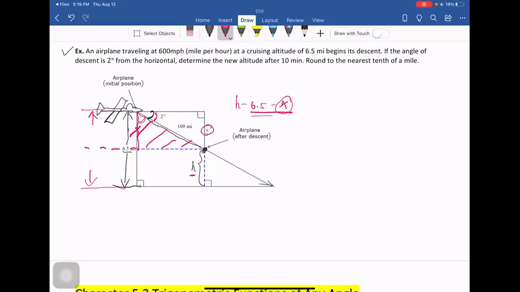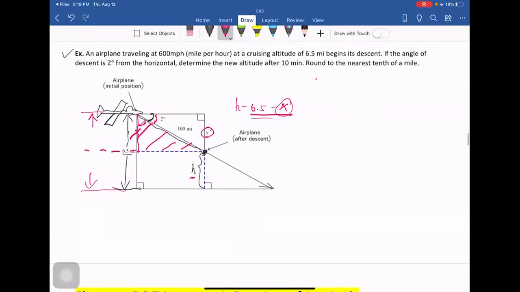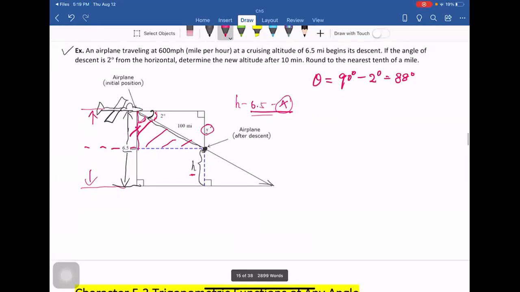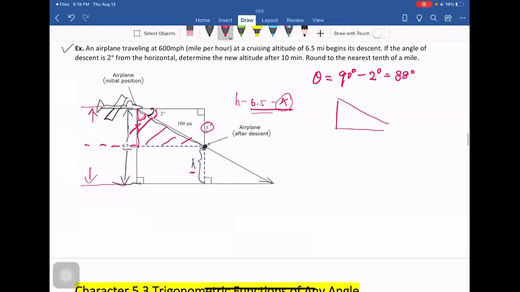So the complementary angle, I assume theta, equals 90 degrees minus 2 degrees equals 88 degrees. So I put the triangle here, and I know it's 88 degrees.